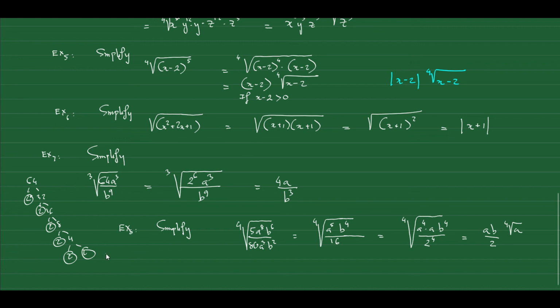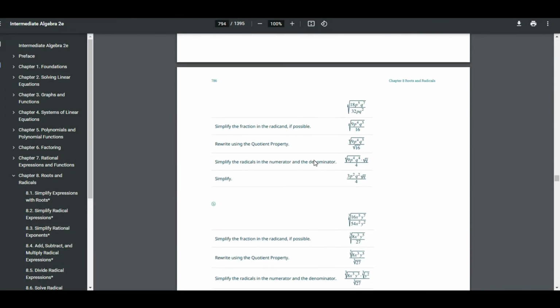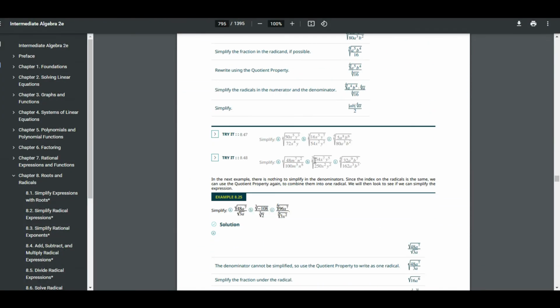Alright, on example number 9, I just want you to go ahead and simplify it and practice on your own. Let's see which one I want you to do. How about this one right here?